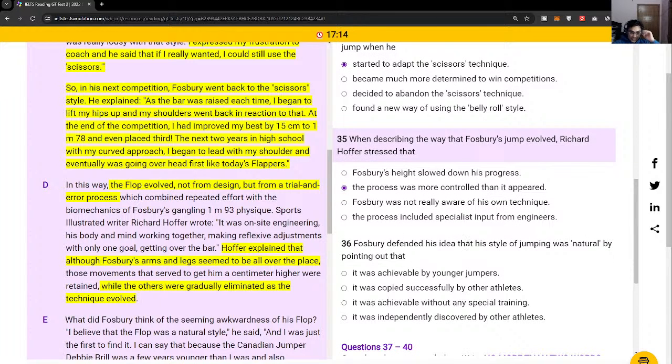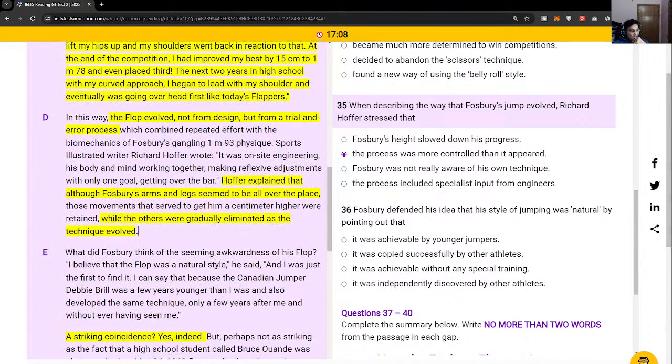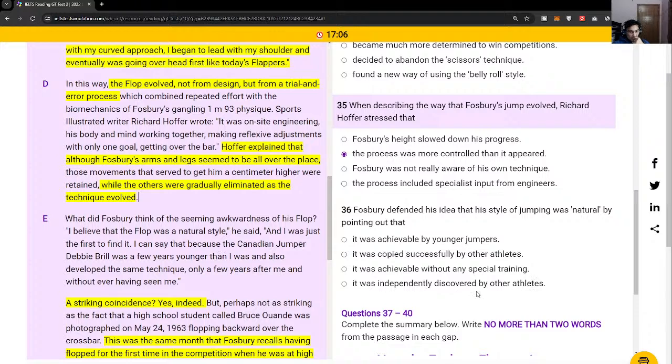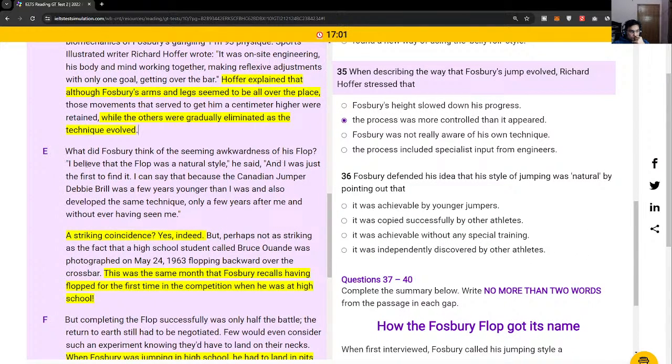Fosbury defended his idea that his style of jumping was natural by pointing out, where is natural? See, natural style. So it was achievable by younger jumpers, who are just the first to find it.